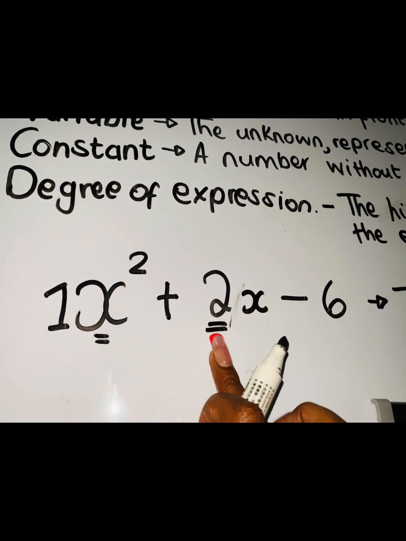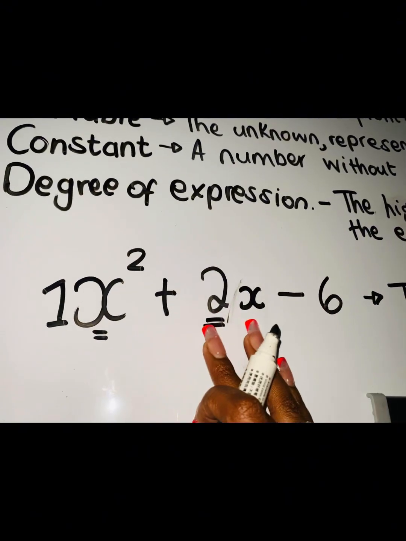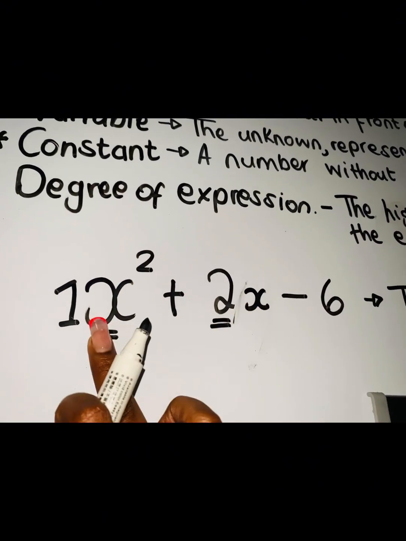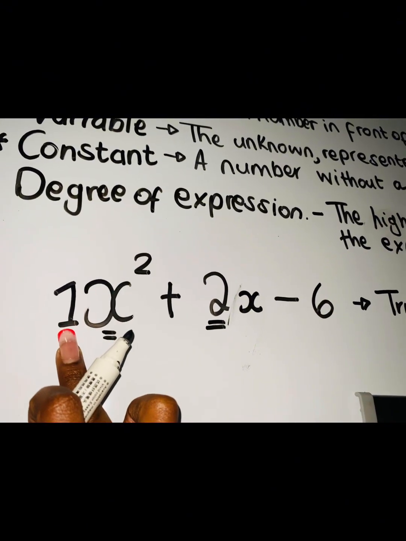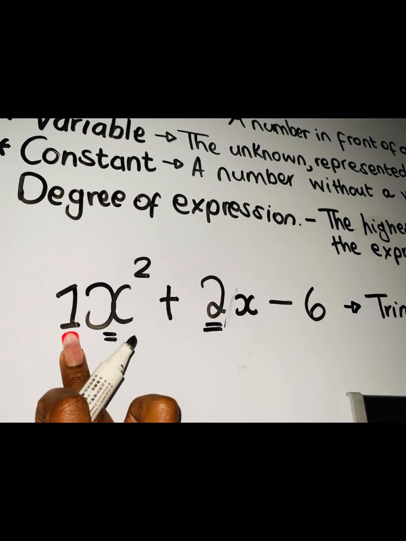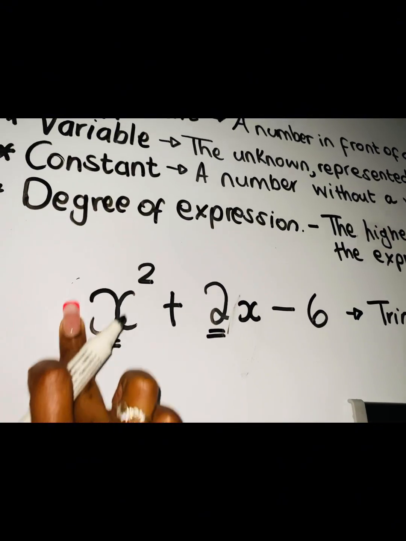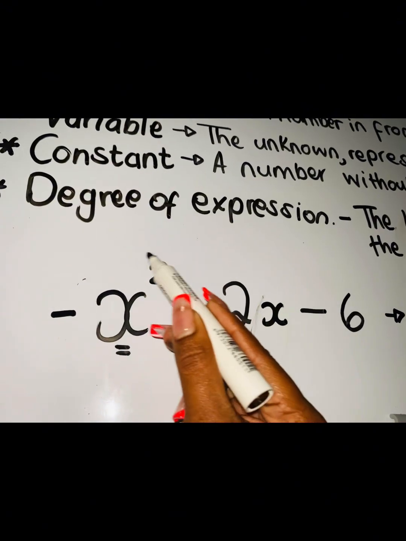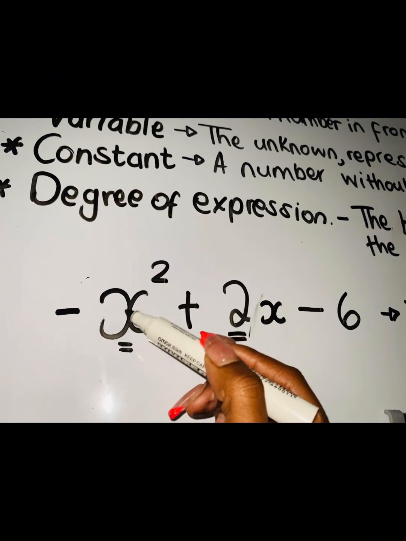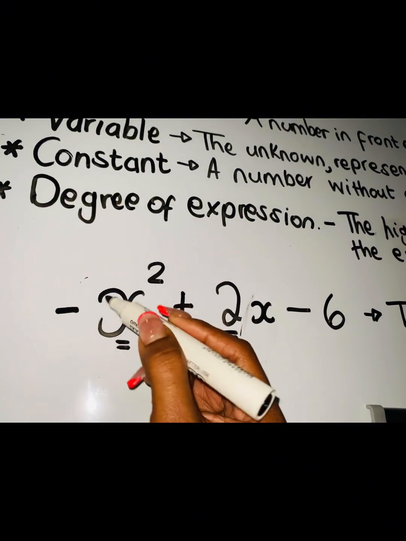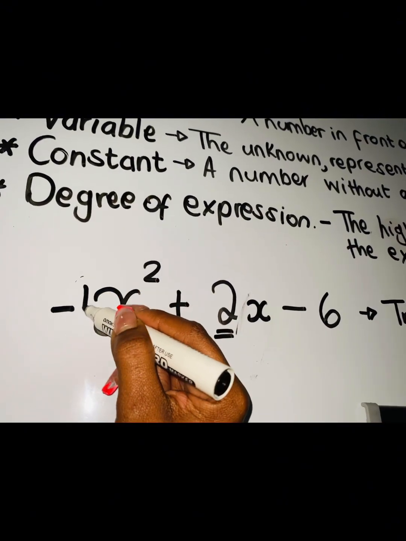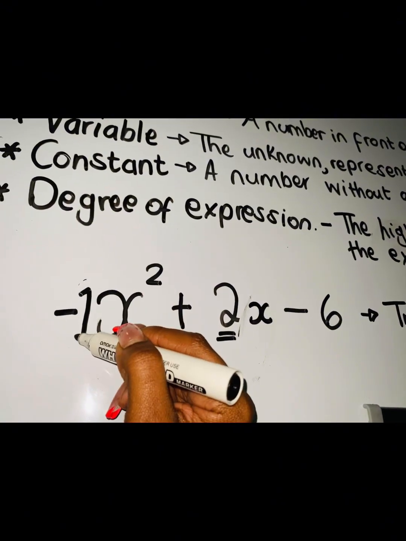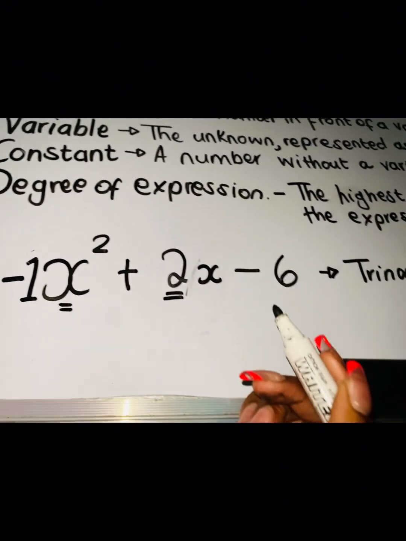But if it's a different number like 2 or more, then we can put the number there to represent. But when it's like this, we already know that the coefficient is just 1. If we had a negative here, and they ask you what is the coefficient of x squared, you would say that the coefficient of x squared is actually negative 1. Do you see that? Right.